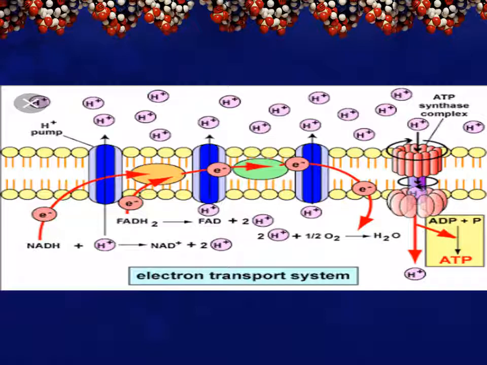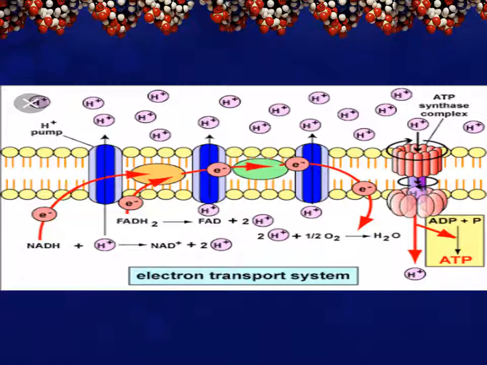When these hydrogen and oxygen molecules interact, they generate a molecule of H2O, the water molecule, and that water molecule is used in metabolism.